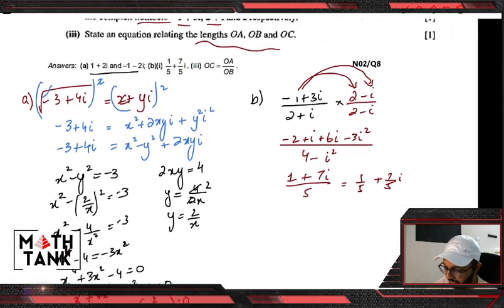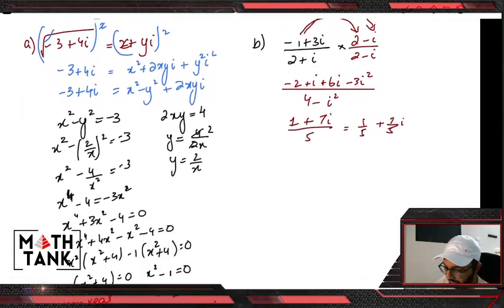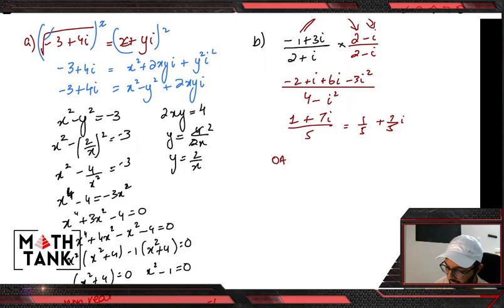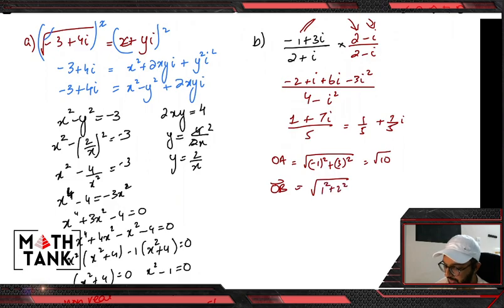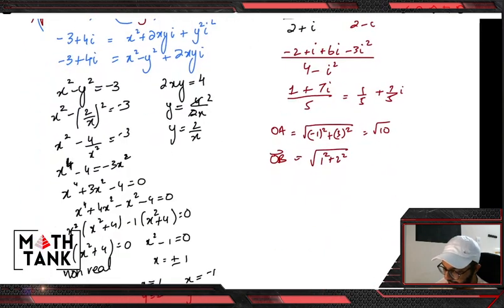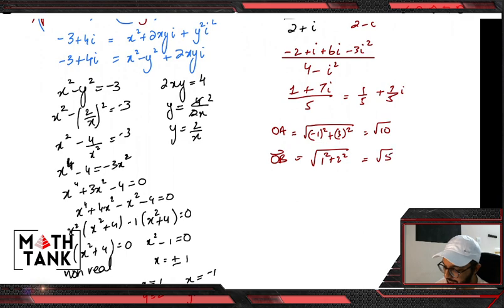So I'm going to calculate the length of OA, OB and OC, and let's see what the result is. So basically I'm calculating the magnitudes, or the modulus. OA is root of (minus 1) squared plus 3 squared, that gives me root of 10. OB is root of 1 squared plus 2 squared, since it's 2 plus i, that gives me root of 5.